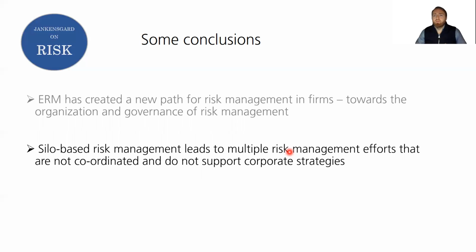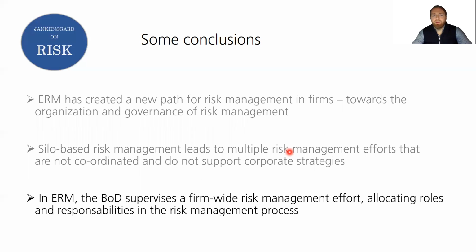All right, so it should be understood relative to the silo-based approach to risk management, in which you have multiple efforts at managing risk in a decentralized and uncoordinated fashion, right? So leading to some of these efficiency losses that we talked about.